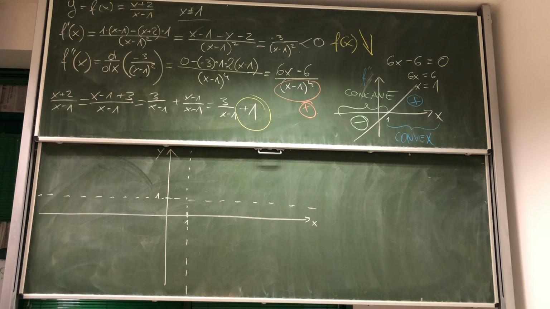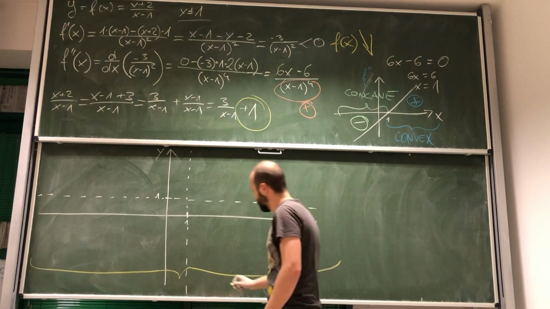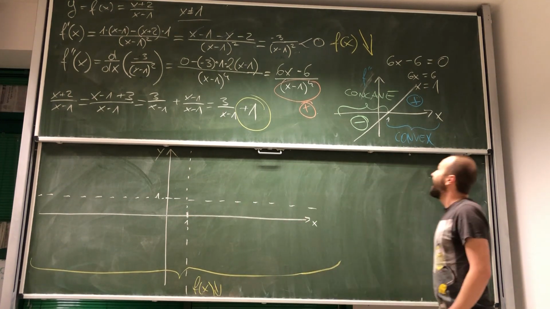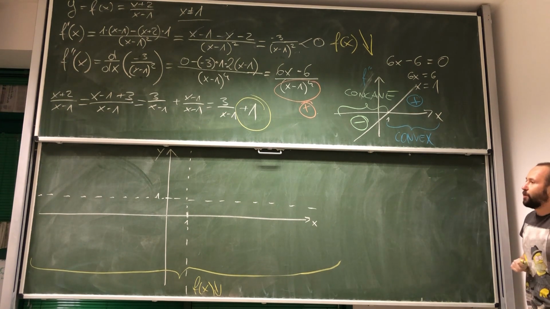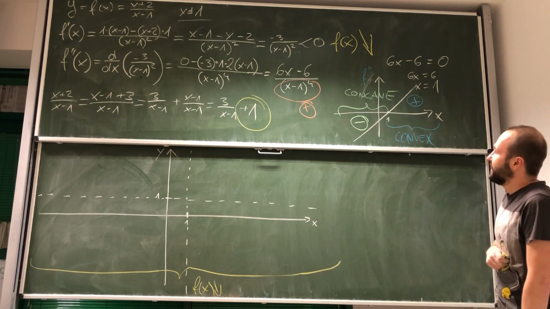And okay, what else do we know? Look, we know that this function everywhere is decreasing. Because we found out that this function has a constantly negative first derivative, of course, not including point 1, which is out of the domain.